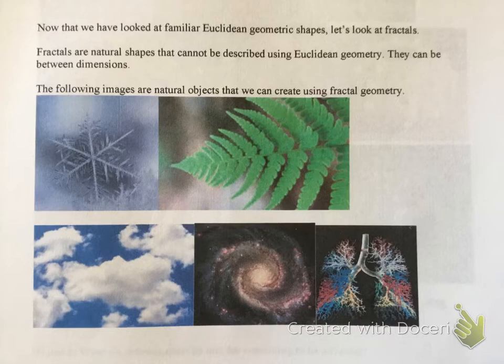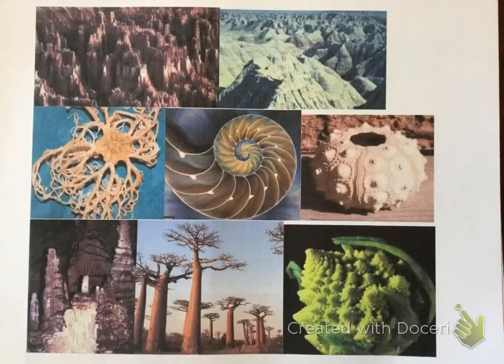And these are ones that exist in nature, such as a snowflake, a fern, a cloud, a galaxy, lungs, like your air tubes inside your lungs or bronchioles, canyons. I know a couple of you at the very beginning of the semester said that you love the national parks, so this kind of looks like Bryce Canyon here.